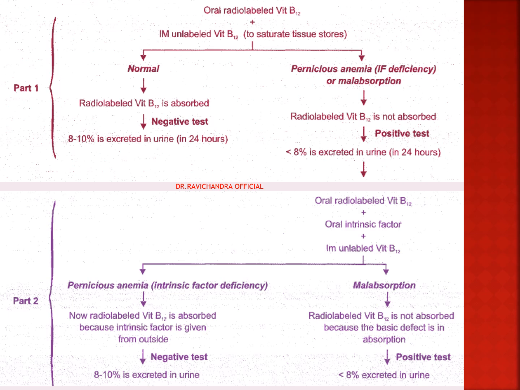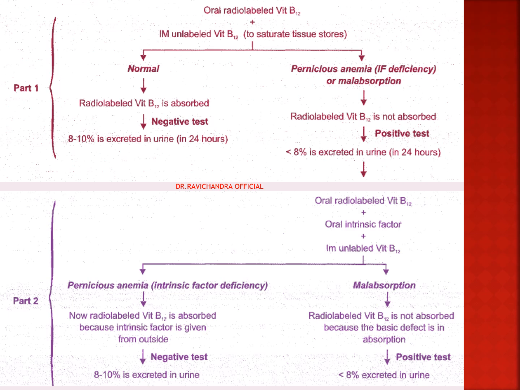And when the radiolabeled vitamin B12 is absorbed because of the intrinsic factor given from outside, and the test is negative, that is 8 to 10% is excreted in urine, then the anemia is pernicious anemia because of intrinsic factor deficiency.